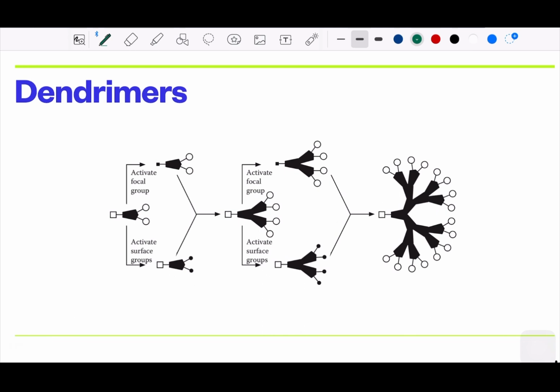Another way to set up this dendrimer: this is the core, take the branch going here, the branch going here, and then all the branches have another branch like this. You can imagine taking another branch onto the previous branch. So we can have a lot of branches, and it seems it's only dense in one part, right?